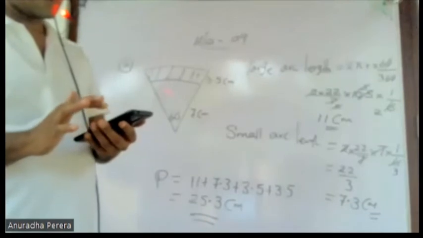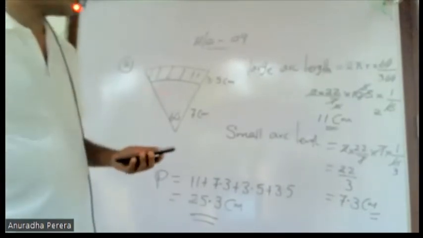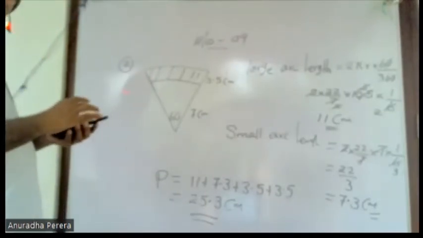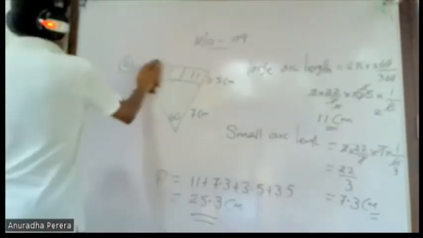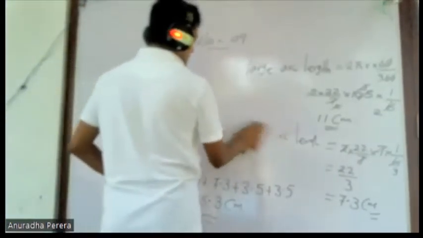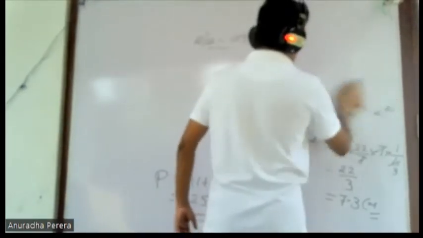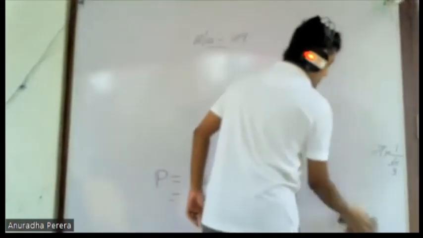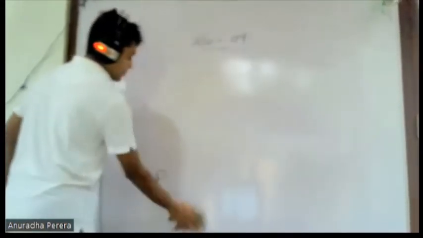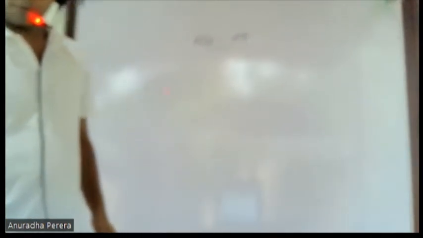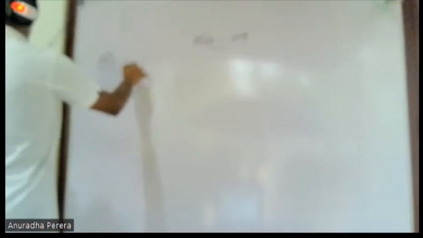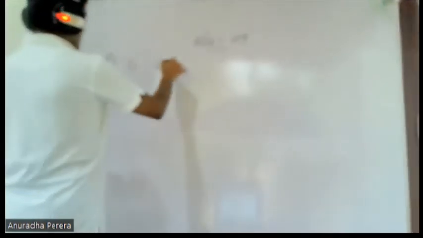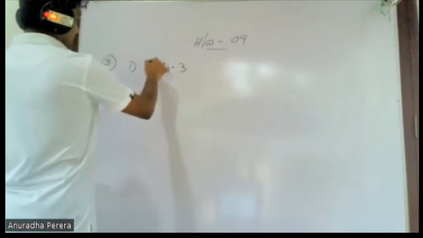Question number 3. Find the value accurate to the first decimal place: square root of 21.3. We can apply the division method.